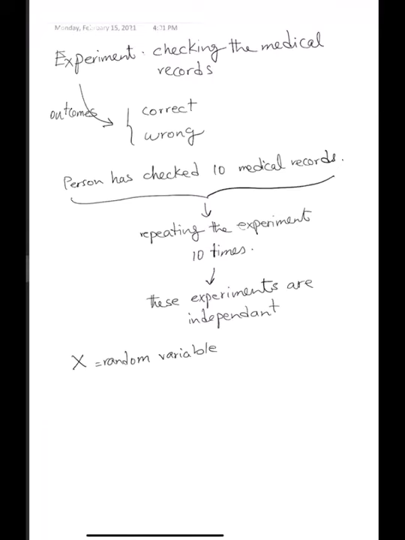What is the definition of the random variable based on what the question wants from us? The question is asking, what is the probability that 7 out of 10 medical records are correct? So what do you think is our random variable here? Number of medical records that are correct, exactly.